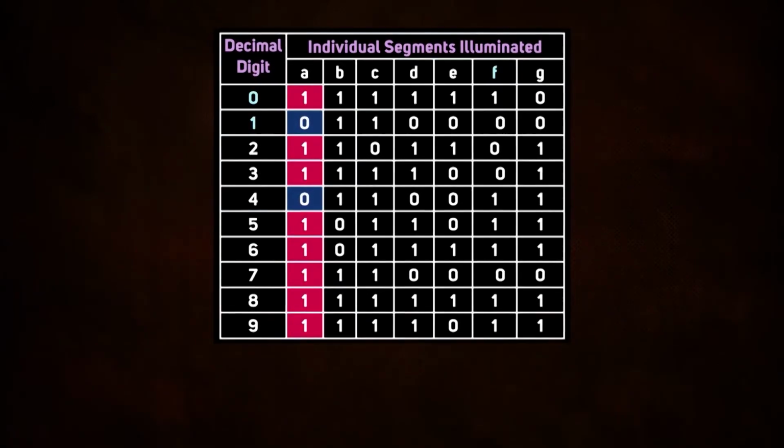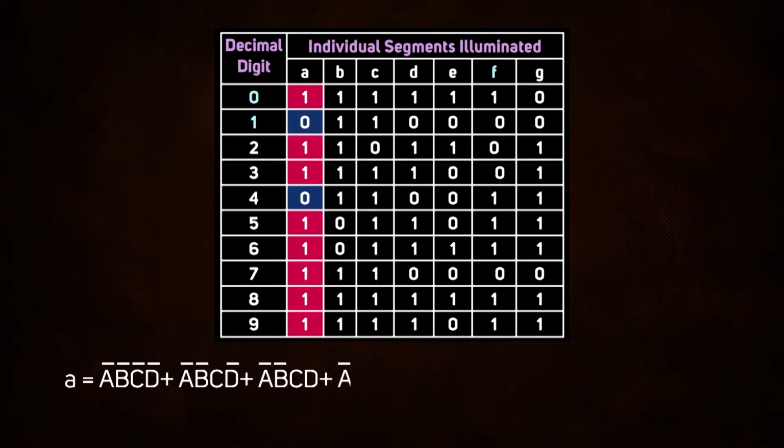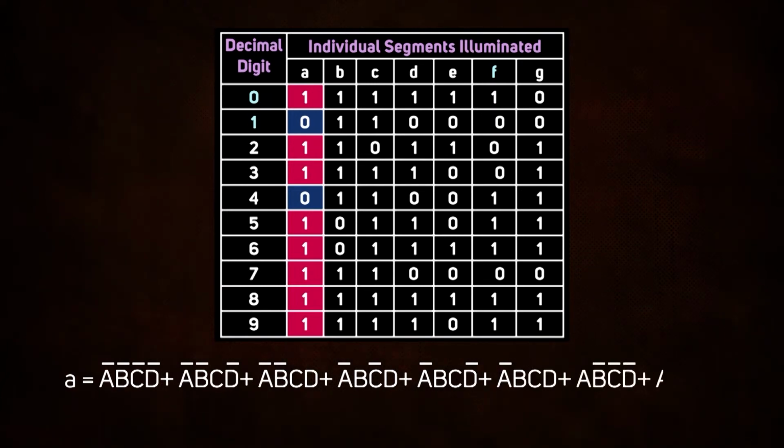Then the SOP expression will be A equal to A complement B complement C complement D complement plus A complement B complement C D complement plus A complement B complement C D plus A complement B C complement D plus A complement B C D complement plus A complement B C D plus A B complement C complement D plus A B complement C complement D. Each individual term of this expression represents one of the digits that uses segment A.